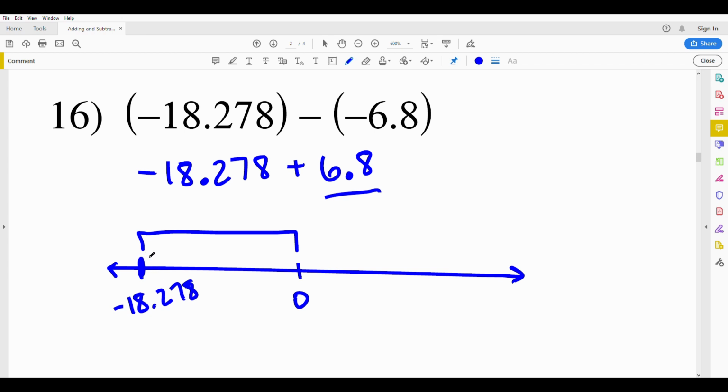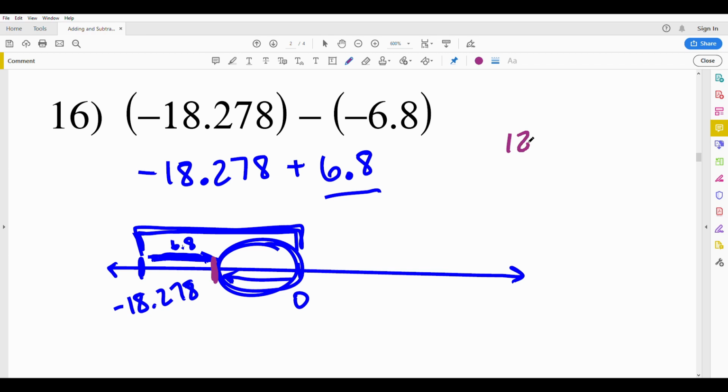But I need to travel 6.8 this way. So I know that this distance is 6.8. But I care about my distance from 0. So I need to take the known distance, which is my larger number, and subtract that smaller distance to get the distance I want, which will give us the value we need.